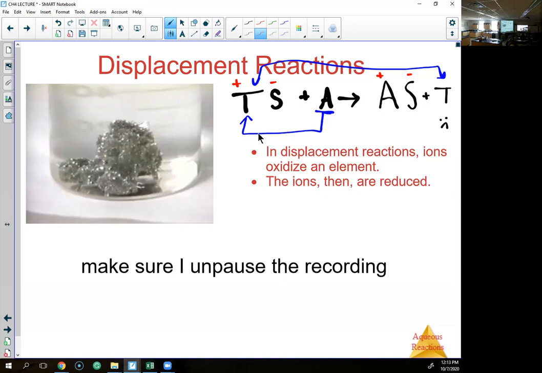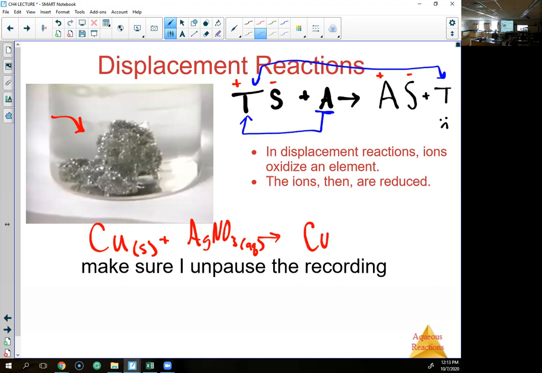Okay. So this is an example, you can't tell it, but this is an example of copper wire, copper mesh actually, in silver nitrate. So I have copper that's a solid. I've added it to AgNO3, which is aqueous. Then, what's going to replace what here? Good.